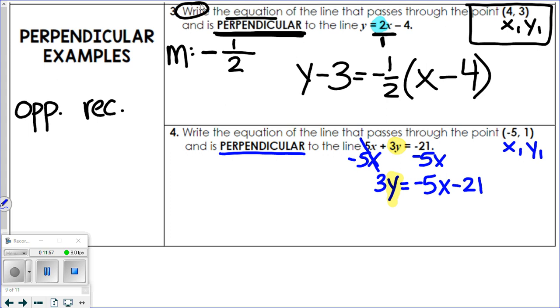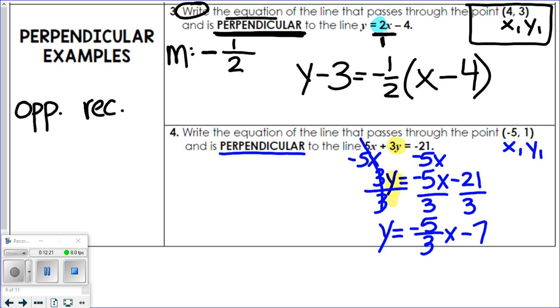So the opposite of multiply is to divide by 3, divide by 3, divide by 3. y equals negative 5 over 3 x minus 7. You can type negative 5 divided by 3 on your calculator. You can type in negative 21 divided by 3 on your calculator, whatever works for you.